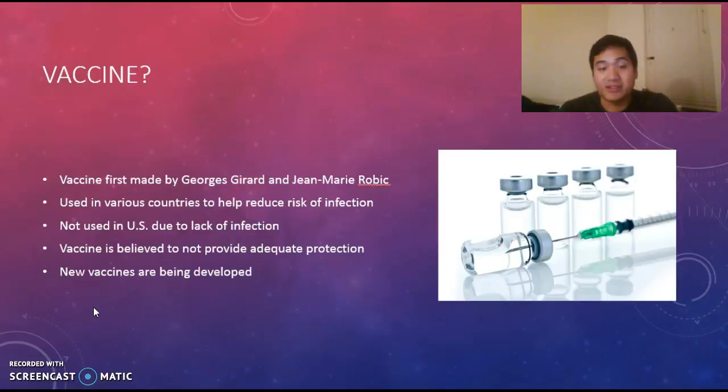The vaccine is also speculated to not provide adequate protection against the bacteria. New vaccines are being developed today, and they're taking new approaches that include targeting the antigens produced by Yersinia pestis.